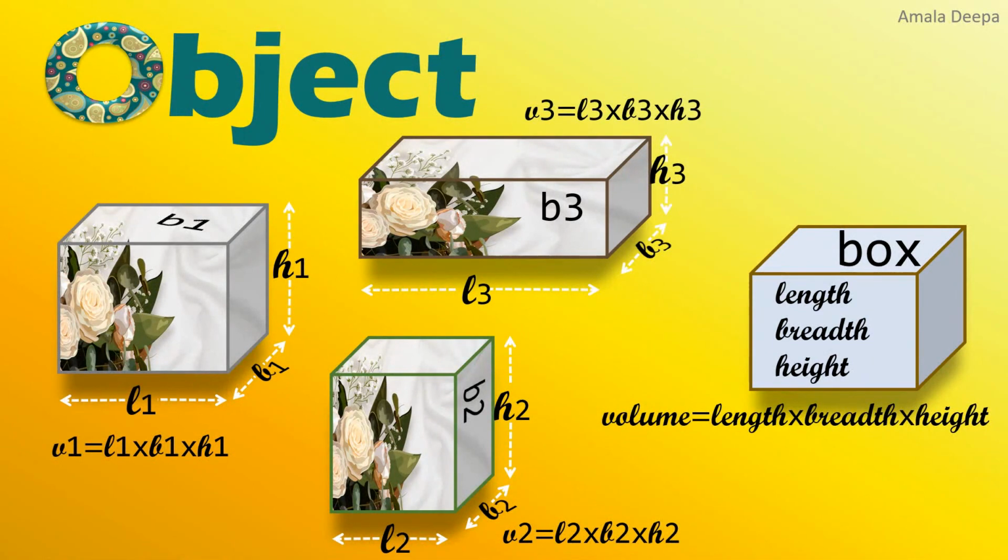That is length, breadth, and height. And volume is calculated by length into breadth into height. Now this object box, which is common to all the other objects B1, B2, B3, is called a template. A template is a model for an object.